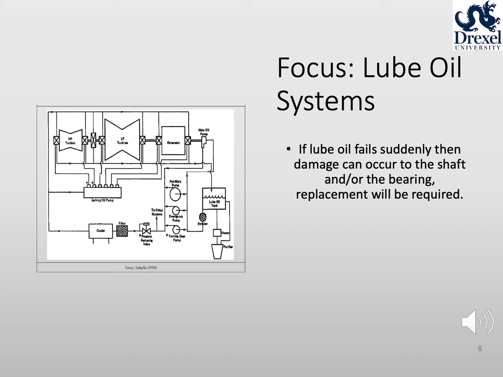The other primary issue is the outlet oil temperature rising too high, which can cause a reduction in the viscosity of the oil. This causes the shaft to contact a bearing, shoe, or pad and causes damage. The team focused on loss of lube oil pressure and the major lube oil leak.